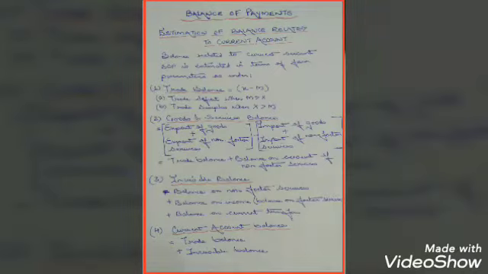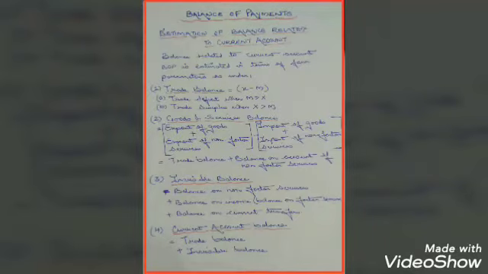Then invisible balance includes balance relating to non-factor services, balance relating to factor services, that is balance on income, and balance on current transfers. Right?